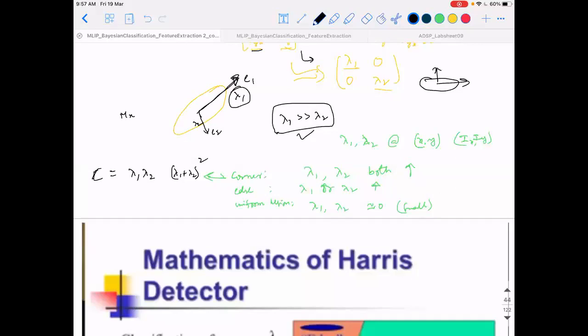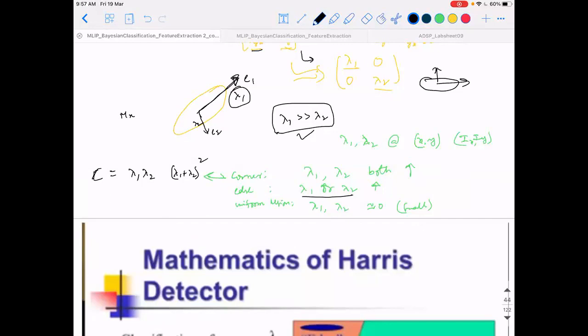Even if only one is high, the sum will be higher, but the product may not be, if one is very high and one is very low. In that case, the product will be smaller.